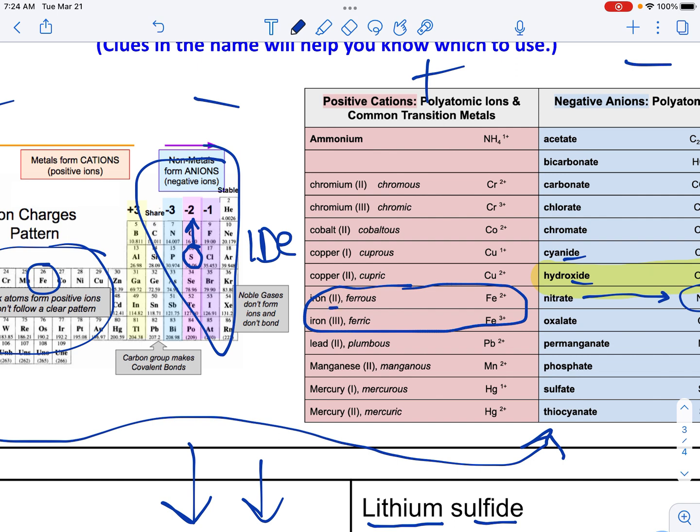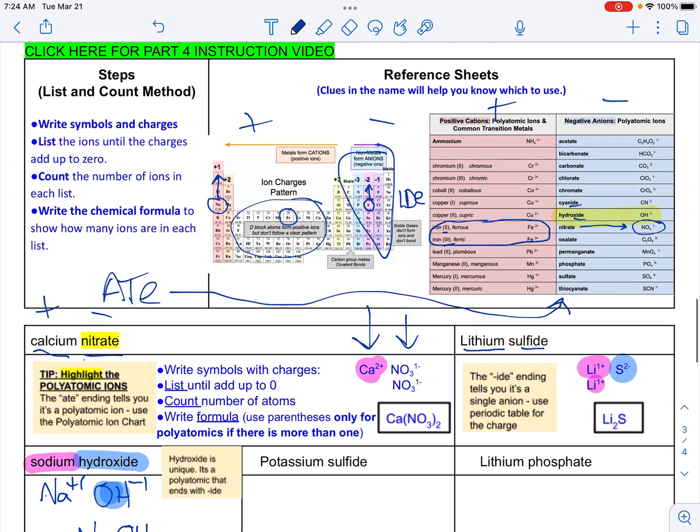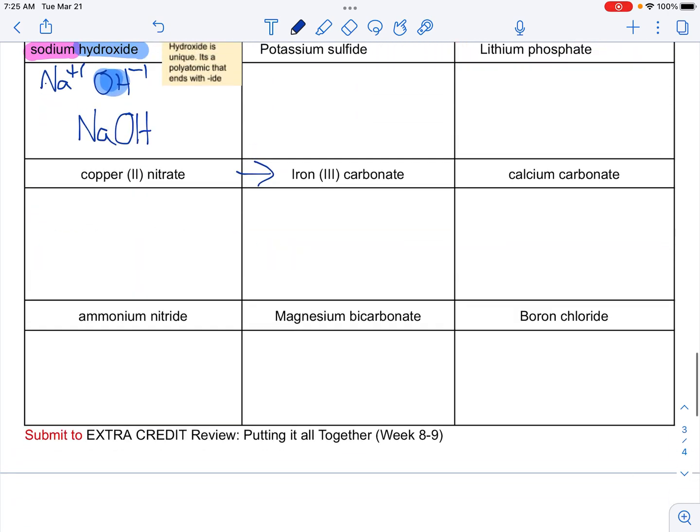If you see the little 2 lines, 2 I's, that means it's a +2. And if you see the 3, it's a +3. So I'm going to look at this again, and it says iron 3. So the positive ion here is iron with a +3.